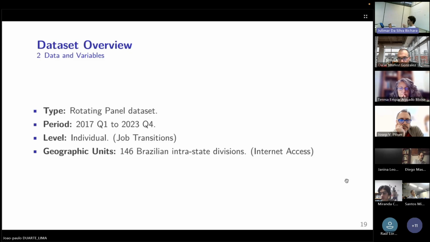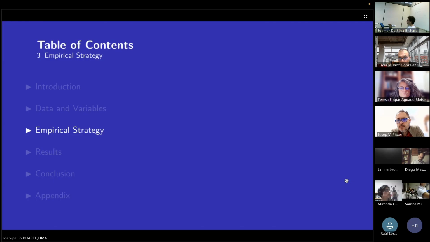And I have this from 2017, after the backbone infrastructure data was collected, to 2023. This is for 146 interstate divisions in Brazil.